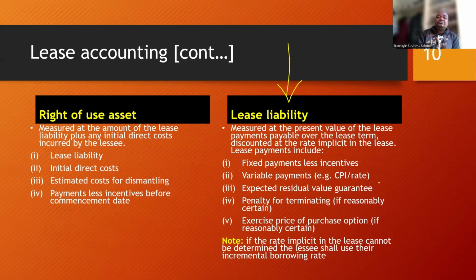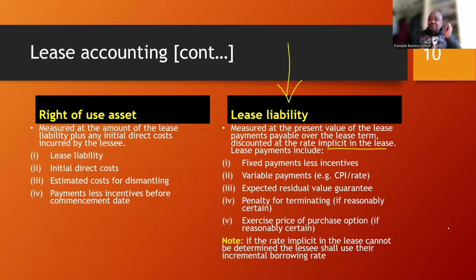All right. So first of all is the determination of the lease liability. The lease liability is measured at the present value of the lease payments payable over the lease term, discounted at the rate implicit in the lease. If this rate is not given in the lease contract, then we must use the incremental borrowing rate. The incremental borrowing rate is the rate at which the entity will be charged if they borrow funds to purchase a similar asset.